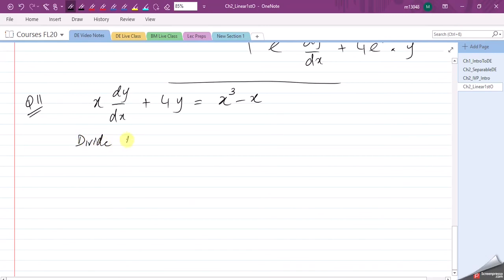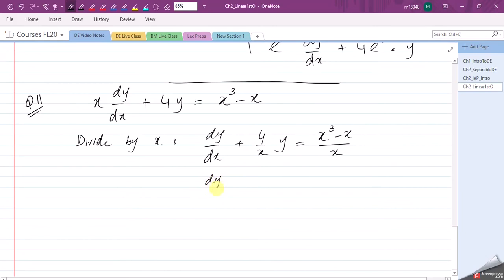Divide by x. Yes. dy by dx plus 4 by x y equals x cubed minus x over x.